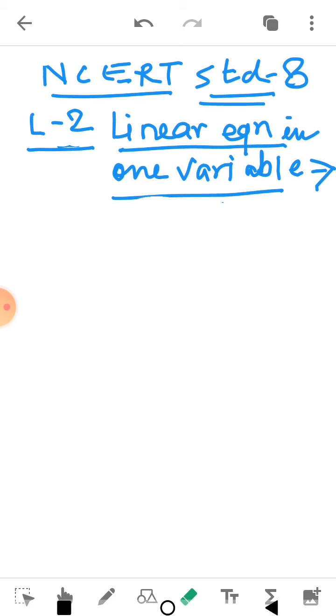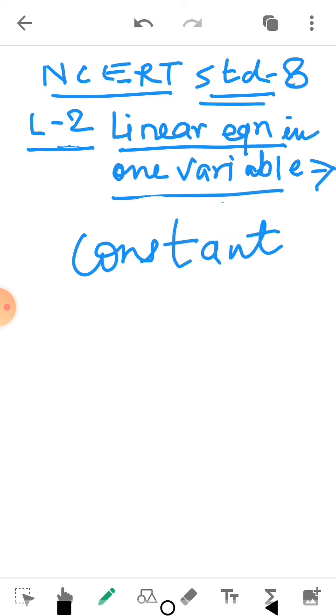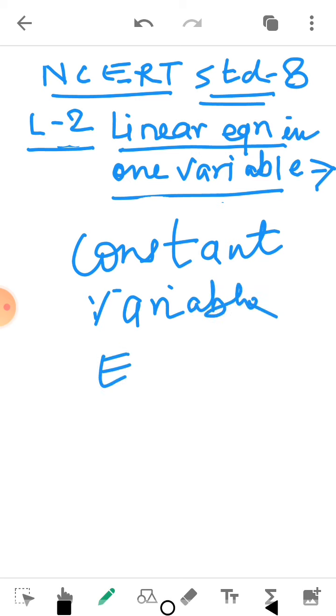It is taken from the standard 8th and from this NCERT book. Before starting the chapter, we shall discuss some basic concepts like what is the constant term, what is the variable, what is the expression, and finally what is the equation.